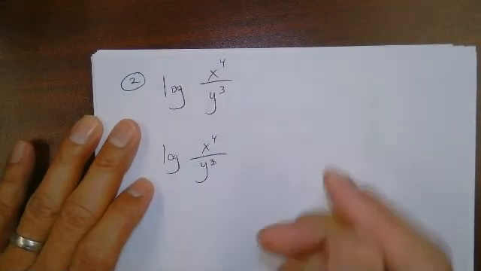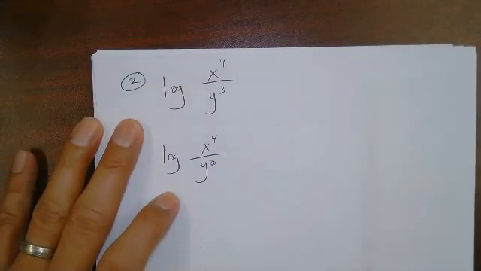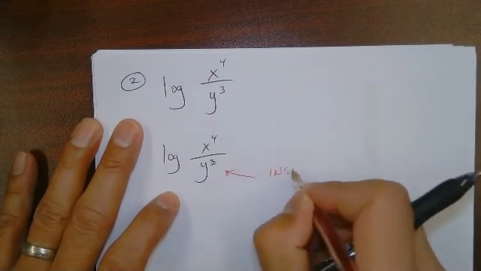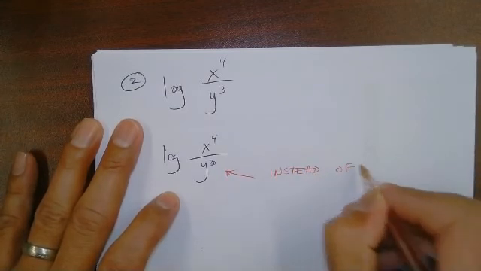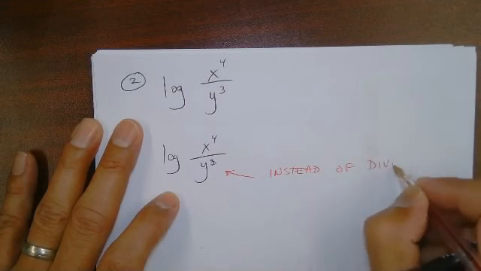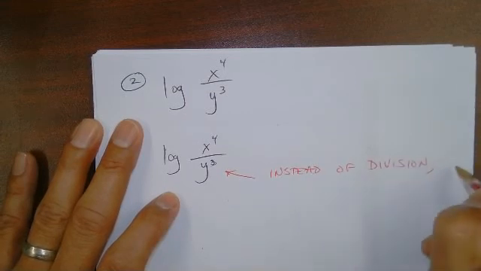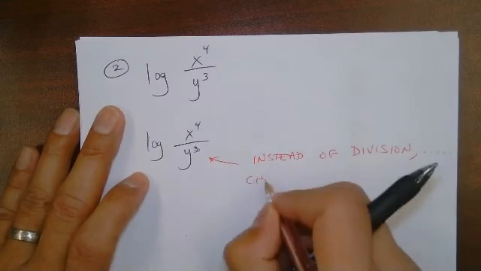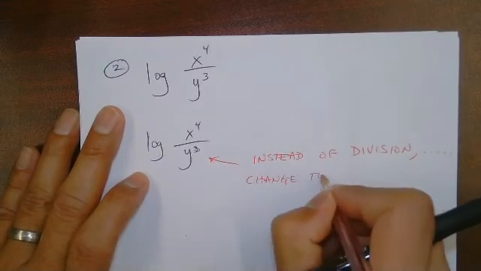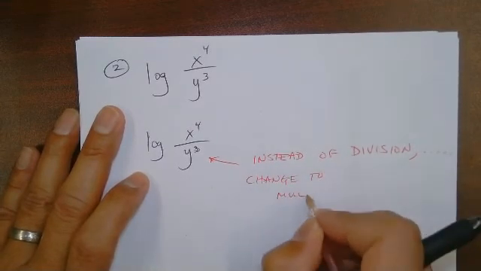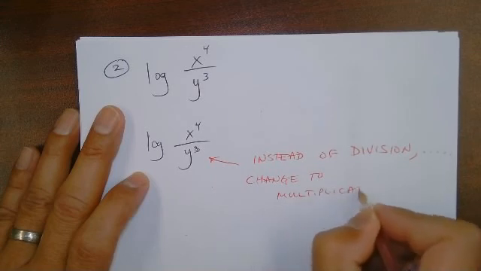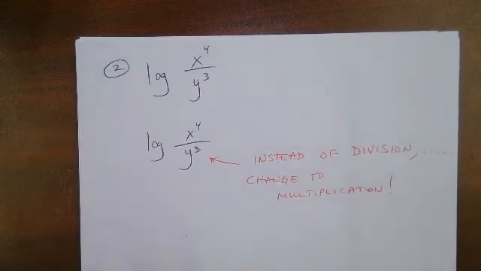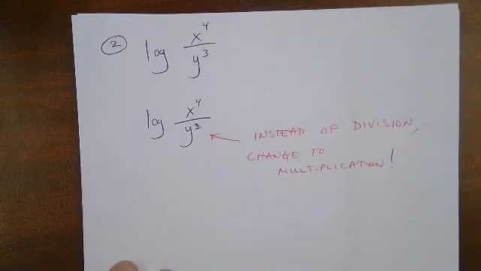Well, we can do this. Here's an easier approach. Just do this. Forget division. What you're going to do now is, here, let me just write it for you. Instead of division, change to multiplication.